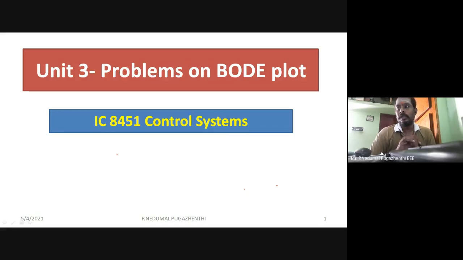When you have completed your Bode diagram, then how to obtain the frequency domain specifications. That was yesterday's discussion, and today we will be dealing with some problems on Bode plot.